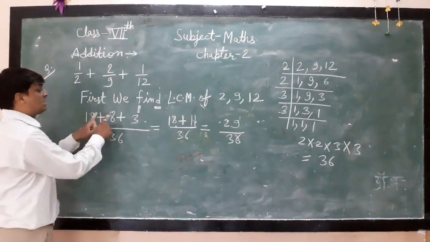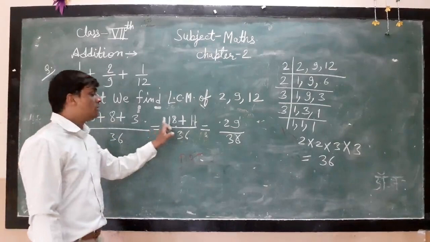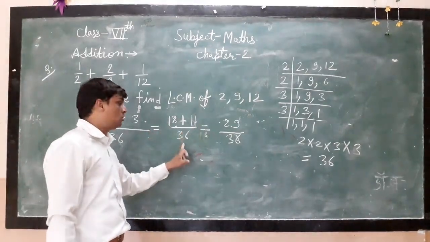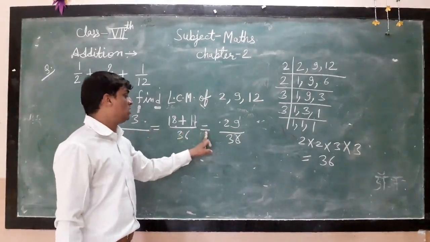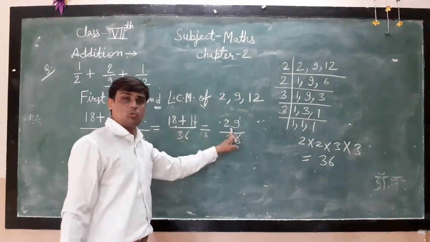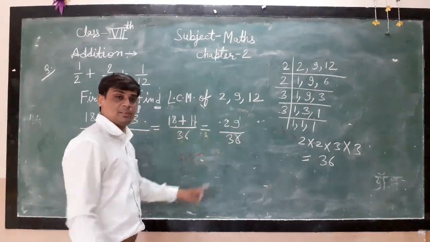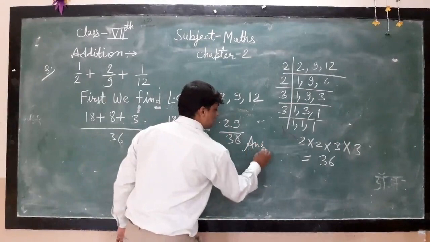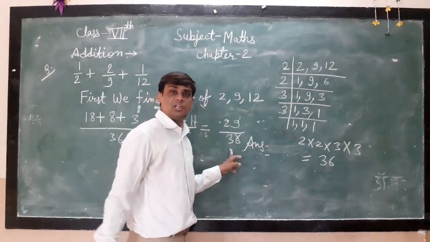Now 18 plus 8 plus 3 is equal to 18 plus 11 upon 36, which is equal to 29 upon 36. The answer is 29 upon 36.